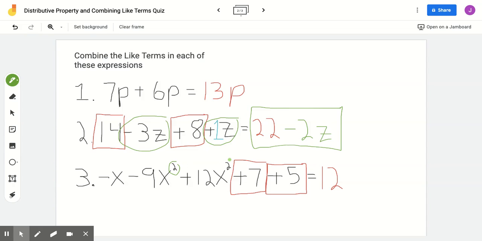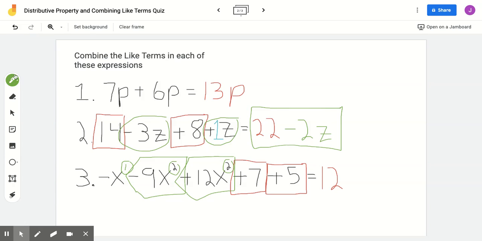Check that out. And this one right here is just to the first power. So they are to different powers, okay? So these are like terms, negative 9x squared and positive 12x squared. These are like terms, but this is not, okay?